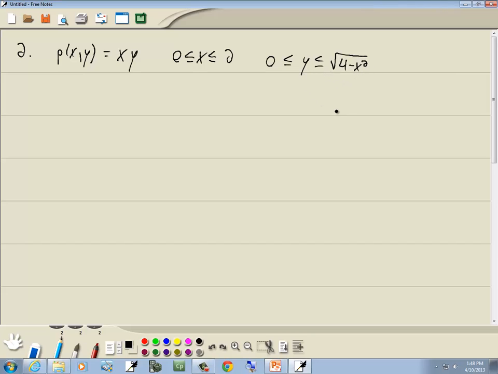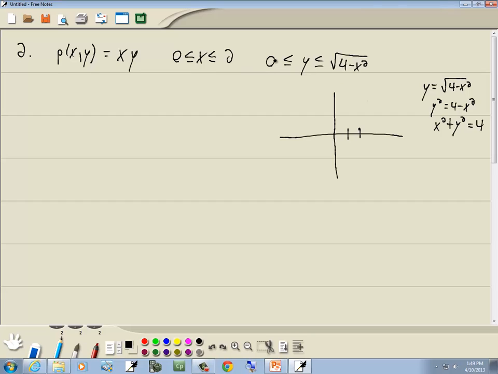Well, if I look at the graph of this, if I set y equal to the square root of 4 minus x squared and square both sides, I get y squared is equal to 4 minus x squared. Take the negative x squared over, and we get x squared plus y squared is equal to 4. So it's a circle of radius 2, which works out nicely because we're looking at x from 0 to 2.